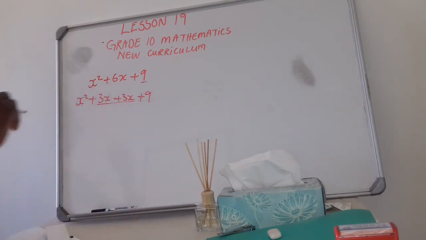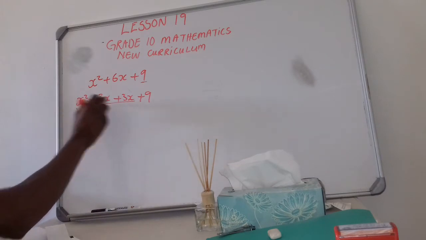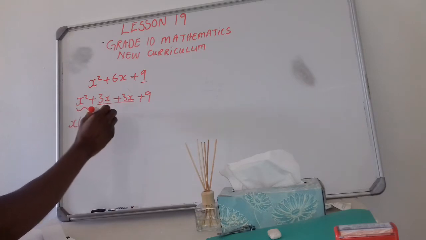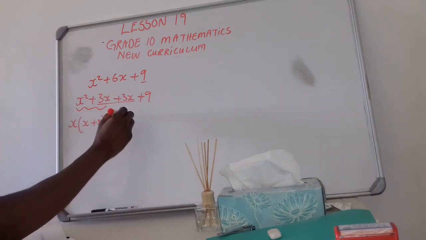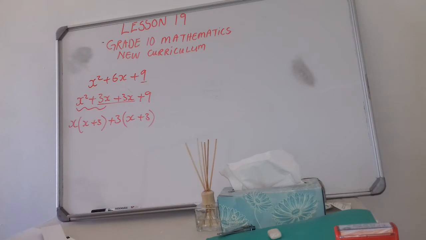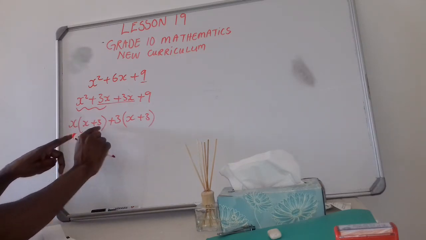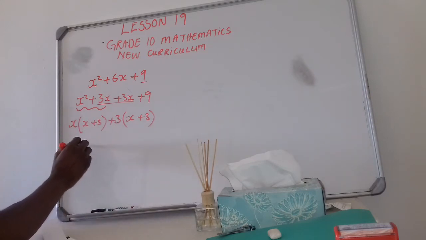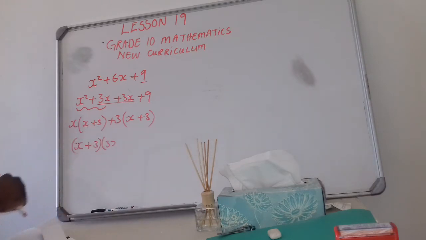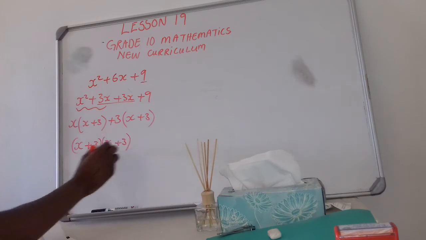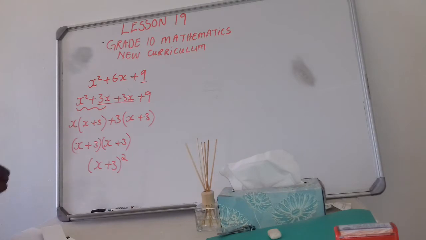So this is just 6x. The first two terms have a common factor, x, and then the last two have a common factor, 3. Okay, so what is inside the brackets is the same, x plus 3. So if you factorize out the common factor, you end up with x plus 3, times x plus 3, which can be written as x plus 3, everything squared.